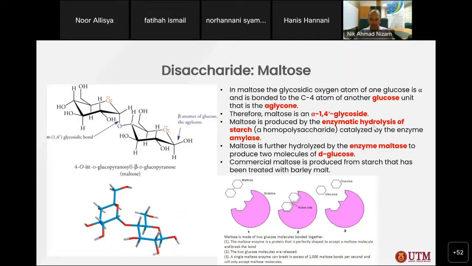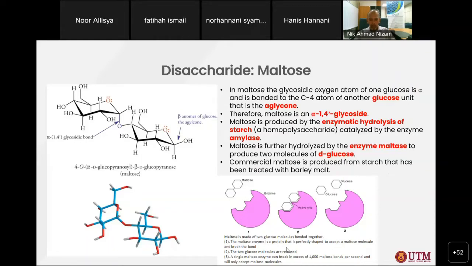And if you see the structure here, the mechanism here, the enzyme will be taken up by maltose, and there is an active site for the maltose, and it will produce 2 molecules of glucose. Maltose from the starch is further hydrolyzed by the enzyme maltase to produce 2 molecules of glucose.